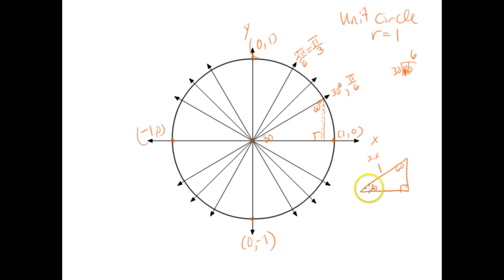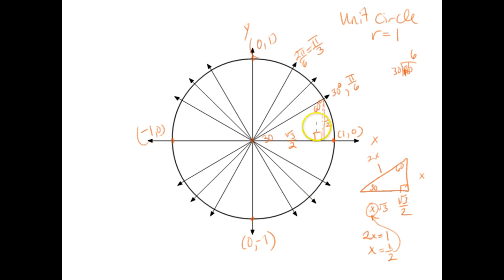Here's 2x, this side is x, and this side is x root 3 because it's opposite the 60 degree angle. To find x, we say 2x is equal to 1. That tells me that x is equal to 1/2. So this height right here is 1/2, and this length right here is root 3 over 2, because if you plug in x, 1/2, you get root 3 over 2.